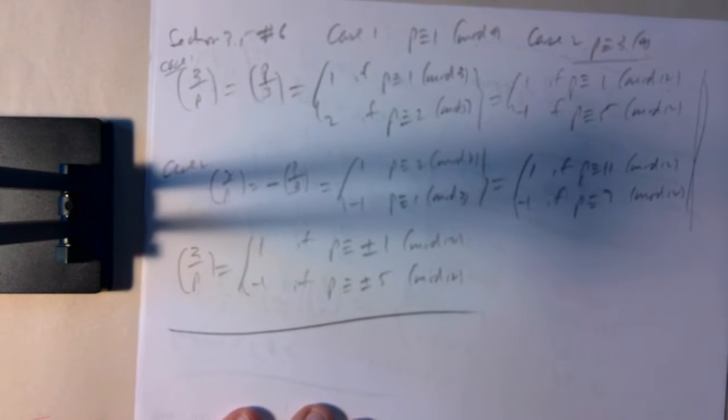So this is using quadratic reciprocity to determine all primes for which 3 is a quadratic residue.